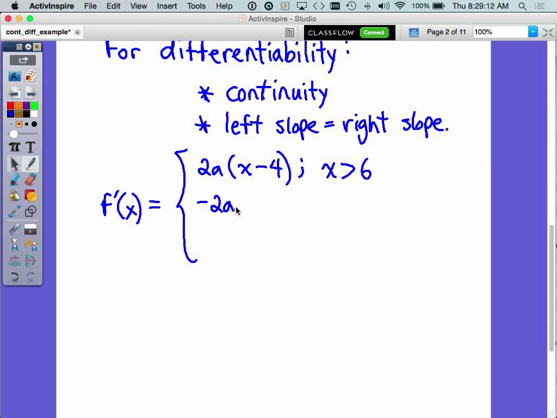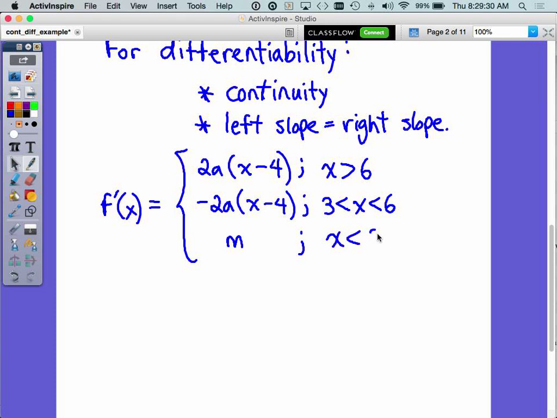Here I'm going to get negative 2a times x minus 4 for x from 3 to 6. And the bottom one is just going to have a slope of m, and that's when x is less than 3. Notice I have not included any equal signs in here because I don't know if the derivative exists at these endpoints, because I don't know if it's going to line up yet. So I have to be a little more careful with that.